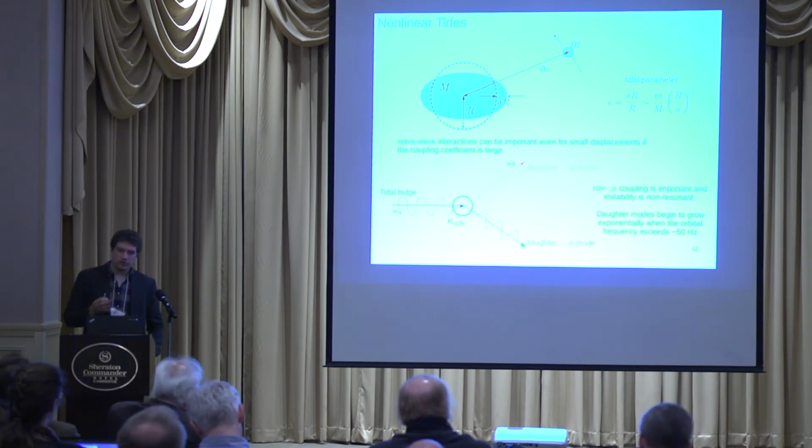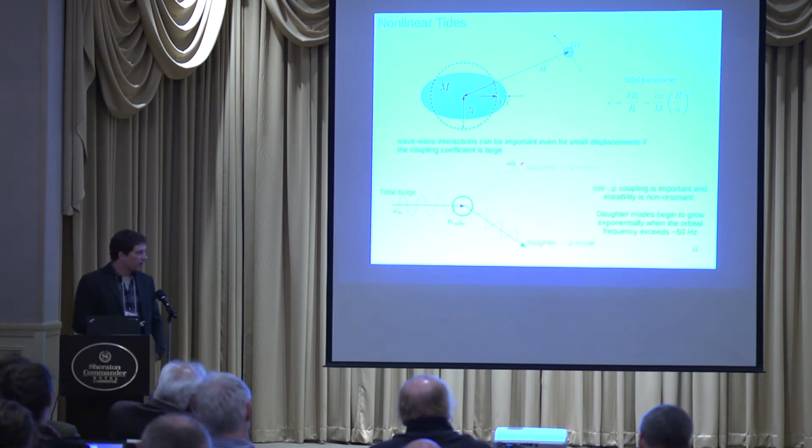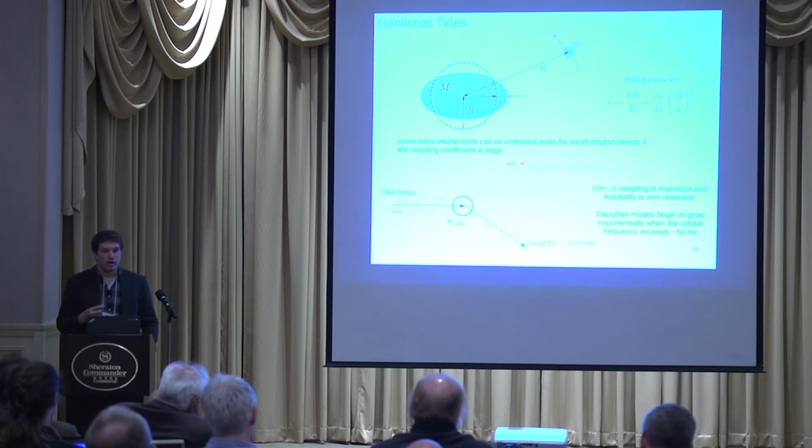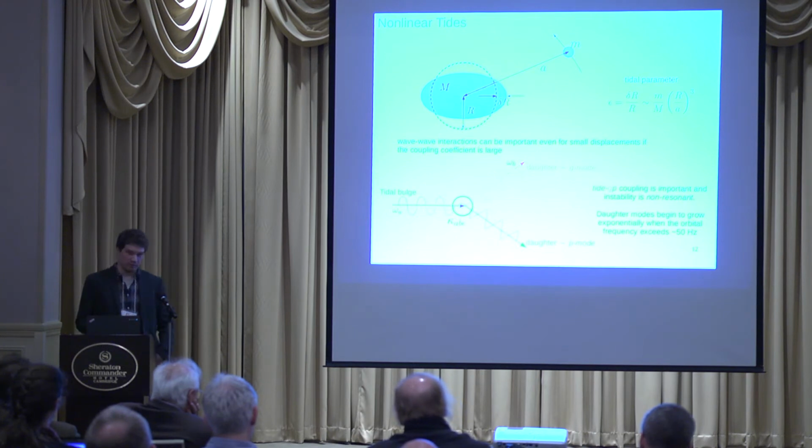So it turns out in neutron stars and degenerate stars in general, these 3-mode couplings between different modes of oscillation in the star can be quite large. And therefore the product of kappa times epsilon, or the amplitude, may still be small, but it's not going to be vanishingly small. And therefore these sorts of effects can become important.